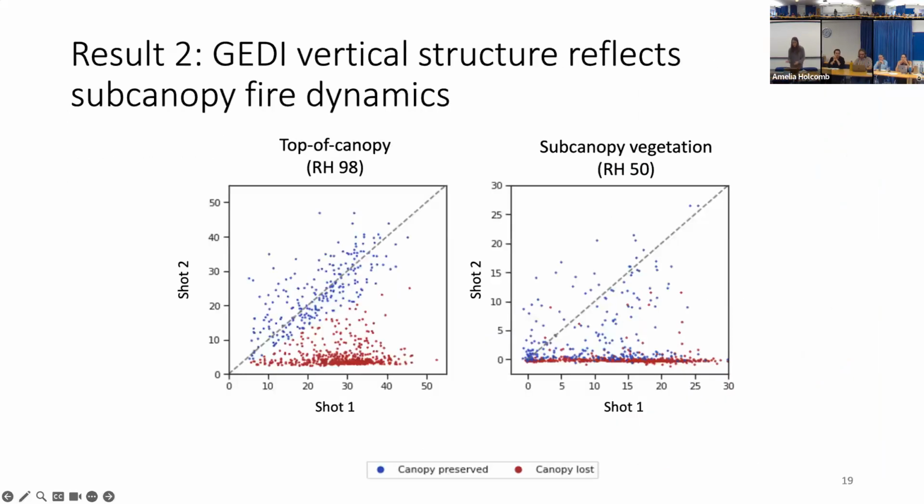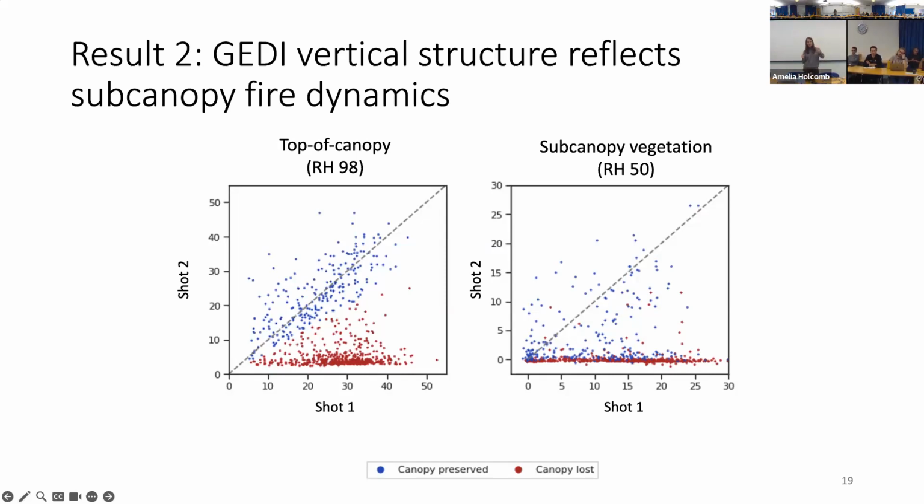Okay, so we were then able to use that coincident shot data set to examine forest structure and how disturbance changes different layers of the canopy. To see this, we looked at disturbances caused by fire specifically, which we can tell from another instrument called MODIS. What's cool is that it looks like GEDI is identifying sub-canopy fires, where the top of canopy height is retained and mostly the understory is lost.